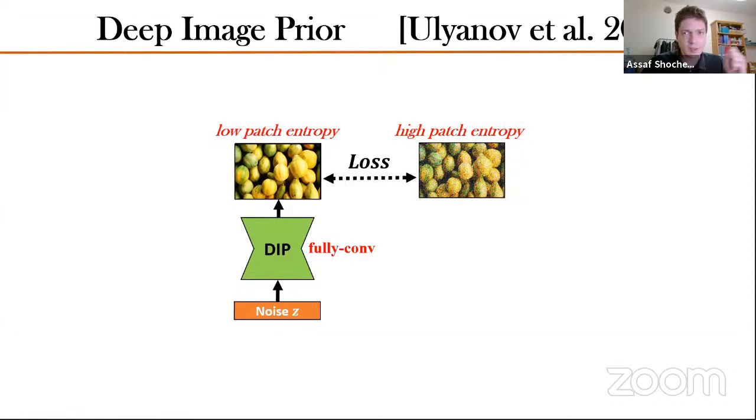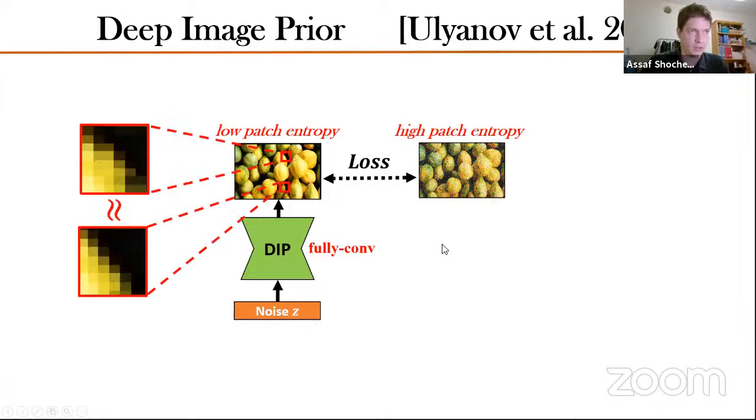And this is the way we formalize the reason for why this happens. So the entropy of patches, this is a fully convolutional network, and the entropy of patches in the original image is much lower than the entropy in the noisy image. So you get much more recurrence of patches. And by definition, when you have a noisy image, you have much less correlation internally in the image.